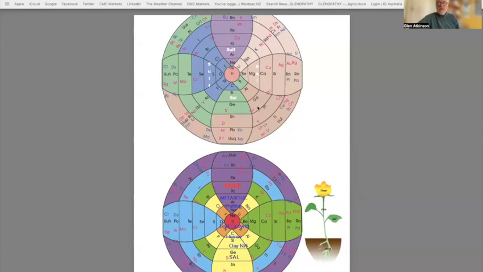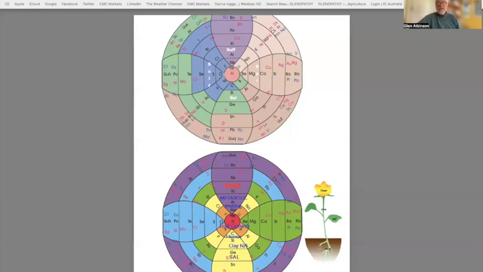When we look at this top picture, we look at how the metallic states of the elements are organized, and they become increasingly less dense as we go around the circle until we come to the noble gases at the top. What we can see is a polarity between the consolidating forces of the cations over here in the metals and the non-metals and gases sitting opposite them.